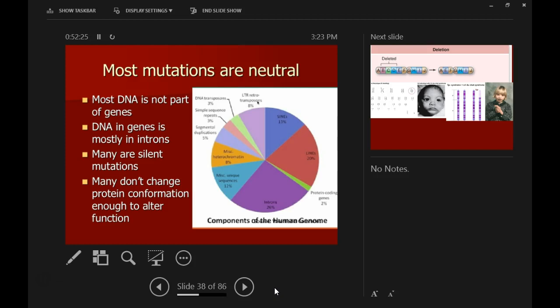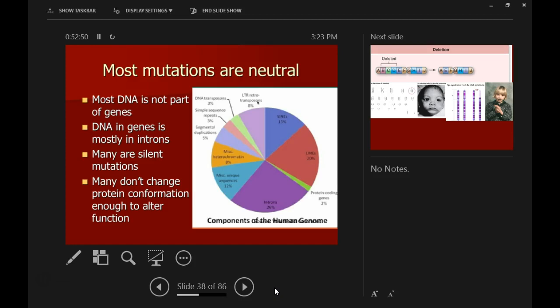So if you have a mutation in an intron, that's not going to do a thing. If you have a mutation in one of these, not going to do a thing. If you have a mutation over here, it's not going to do a thing. Right? You have a mutation here in heterochromatin, probably not do a thing.